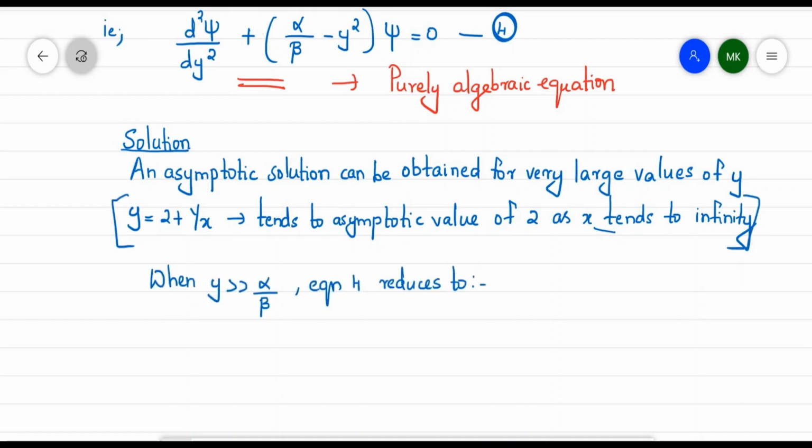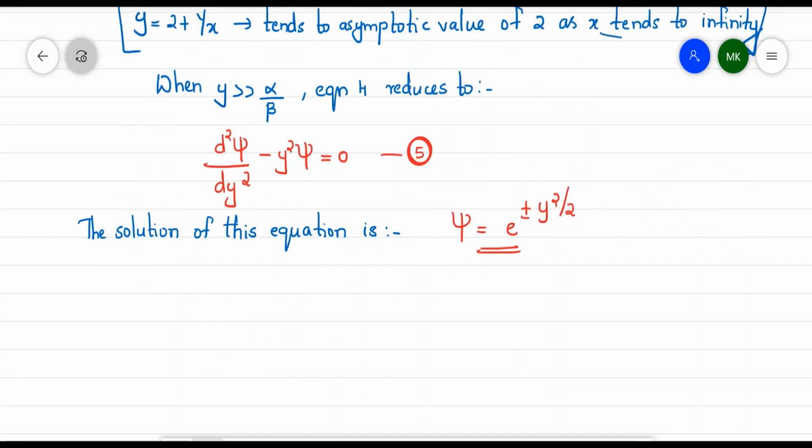So when y is very much greater than alpha by beta, then equation 4 reduces to d square xi by dy square minus y square xi equals 0. The solution of this equation can be shown to be xi equals e raised to plus or minus y square by 2.